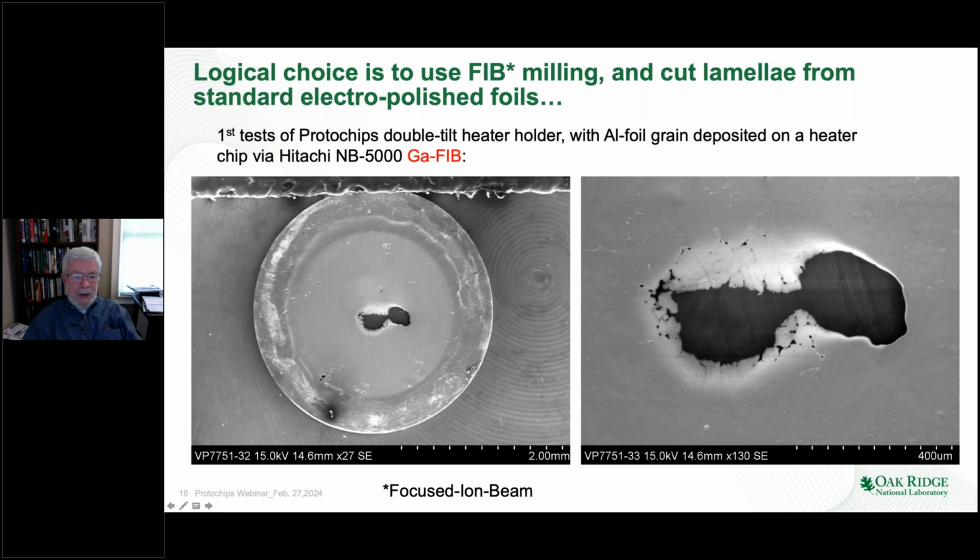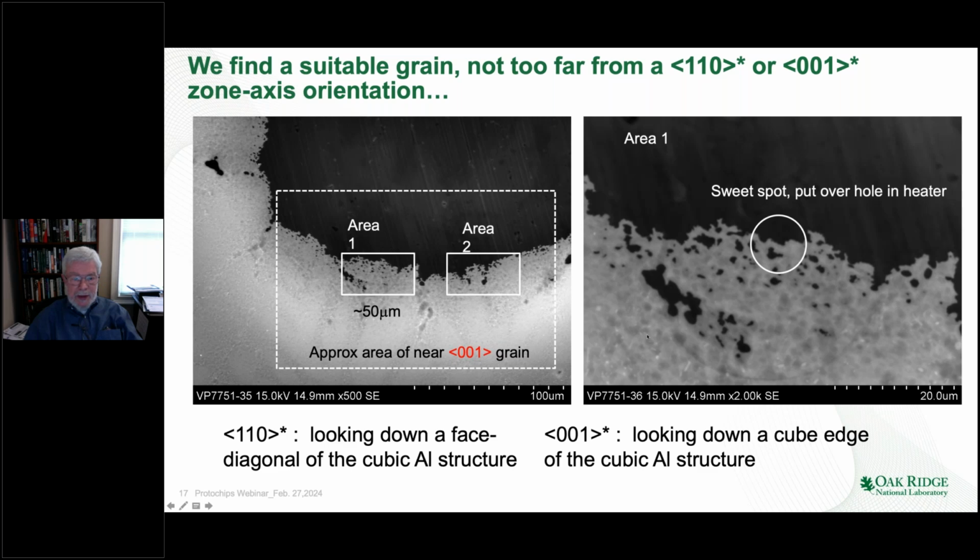And so the early work we did was with a holder that was built by Professor Bigelow, the first version of a double tilt holder that we used to look at grains of aluminum that were sectioned out with a gallium FIB.